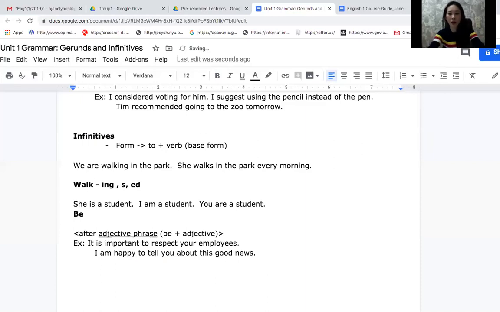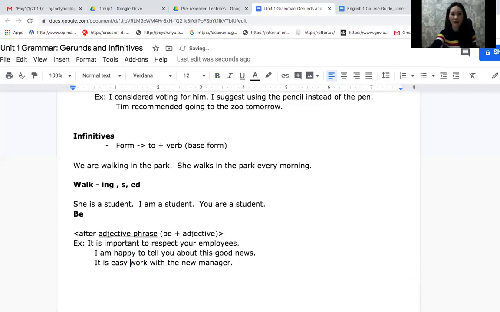Okay, I have more examples. It is easy to do what? Okay, it is easy to work with the new manager. What is the infinitive in this sentence? The infinitive is "to work", right? Base form.